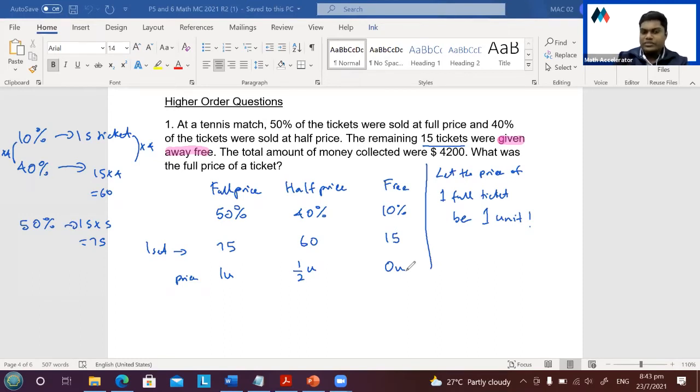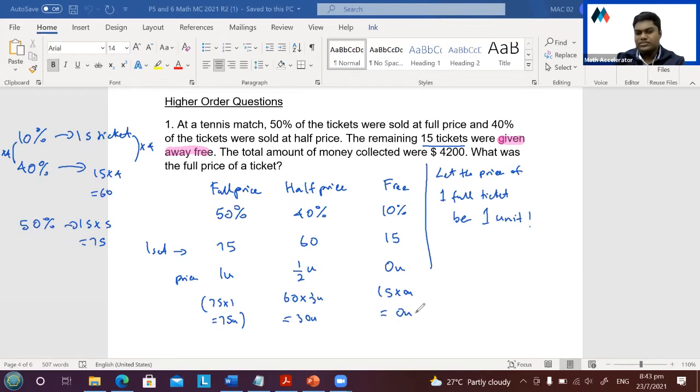So now in terms of units, can we determine the price? So this is 75 times 1, which is 75 units. Then this is 60 times half a unit, which is 30 units. And over here, you just show your examiner 15 times 0, 0 units.